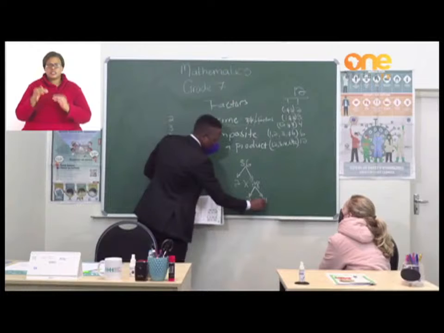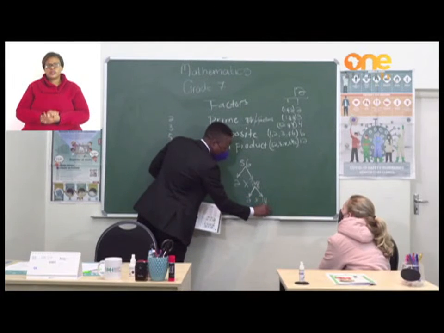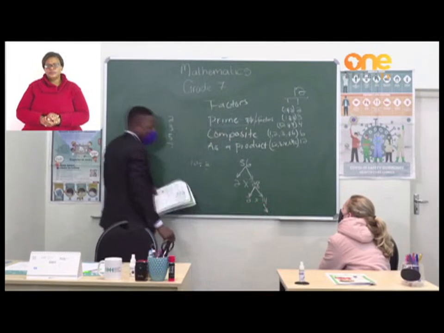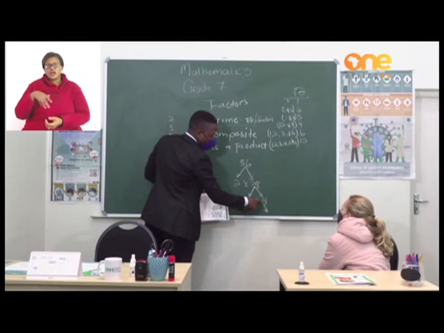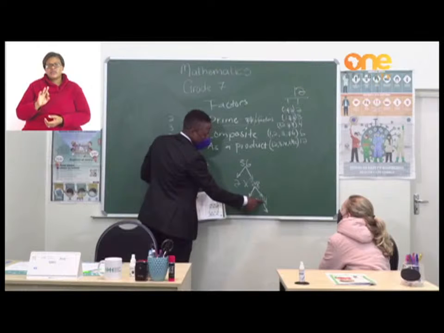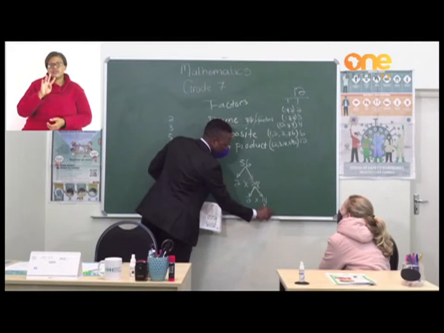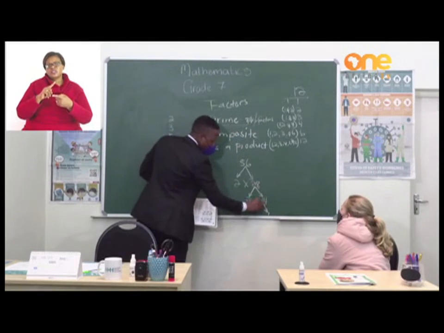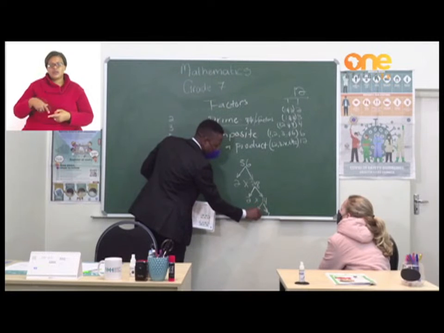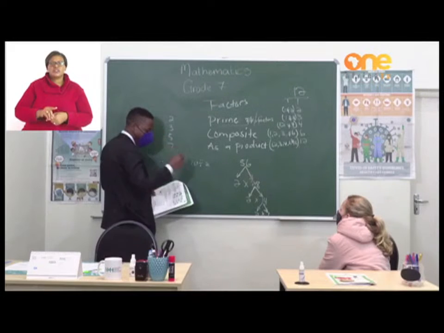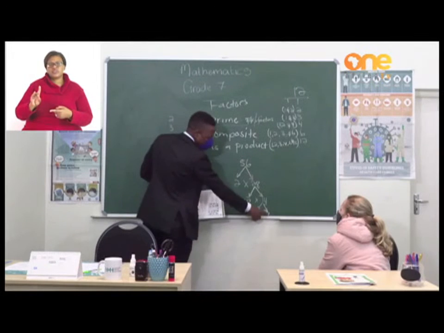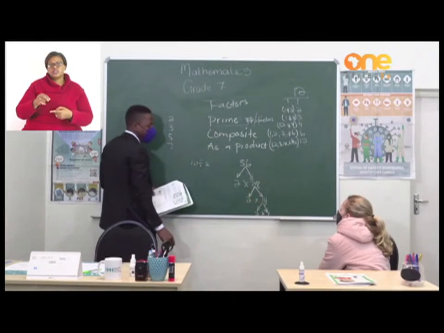You still have to continue, halving again. If I halve 14, I will have a 7. But what number can I multiply with 7 to get 14? That number will be 2 times 7 gives me 14.